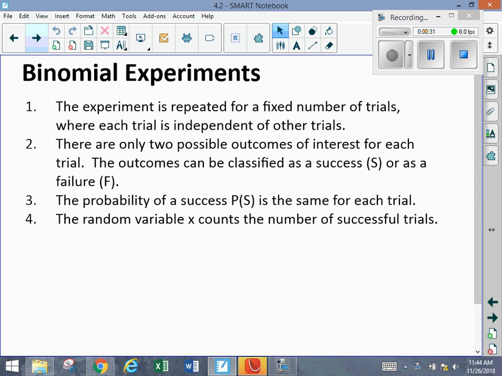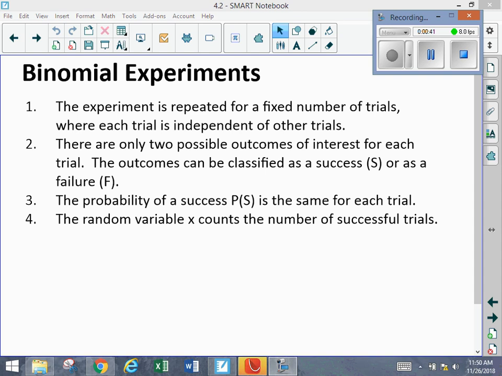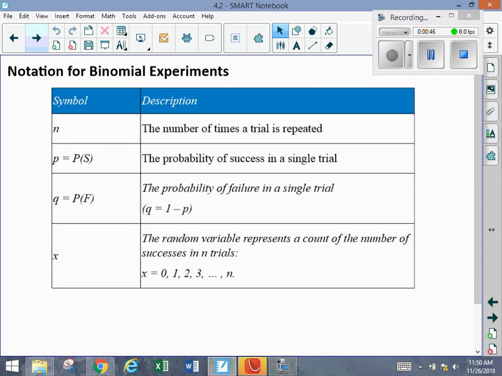What is it for a setting to be binomial? It has to conform to these things. So we're going to have to check all of these conditions before we can go on and perform calculations and things like that. We've got some variables that we'll talk about. We've got n, the number of times each trial is repeated.